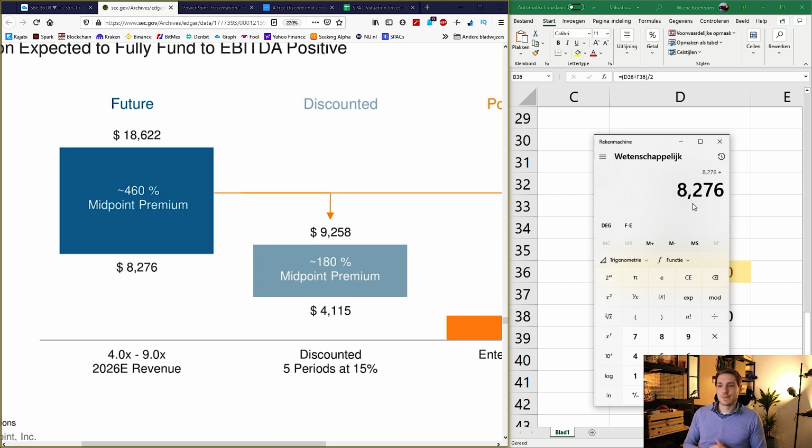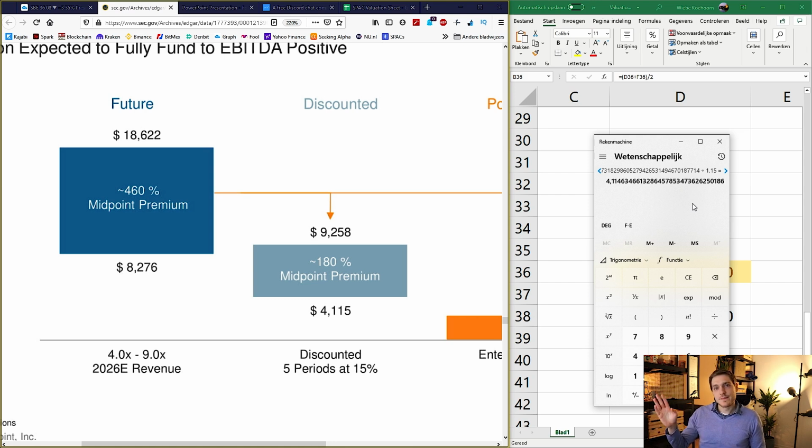Well, we also just said we can divide it by 1.15, okay, because of that discount rate of 15% instead of 20, we're going to use 1.15. So that means that in 2026 it's still 8.276 billion. But in year 5, it's going to be this number. In year 3, it's going to be this number. Year 2, year 1, year 0.